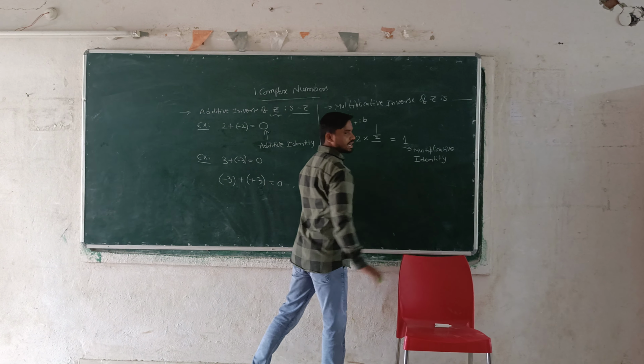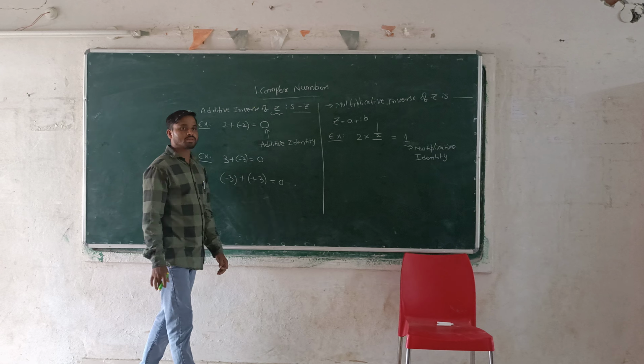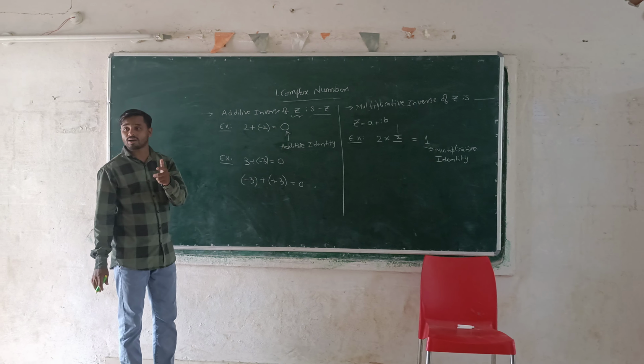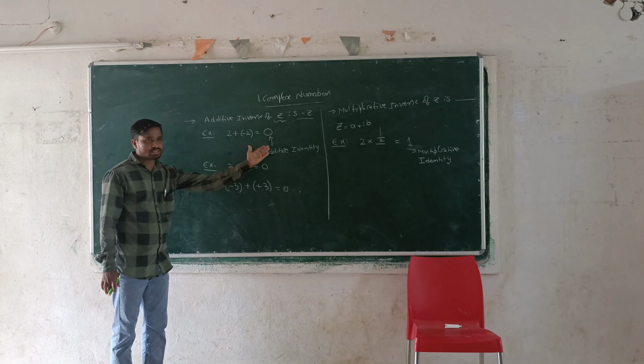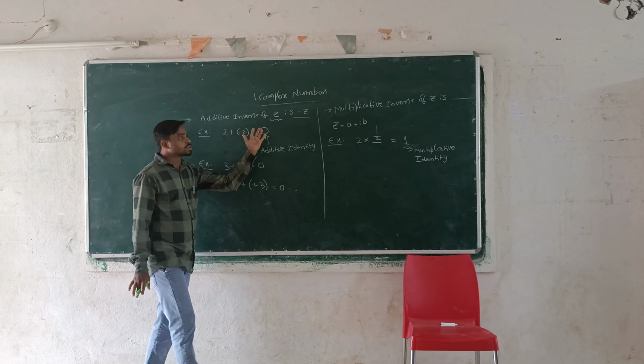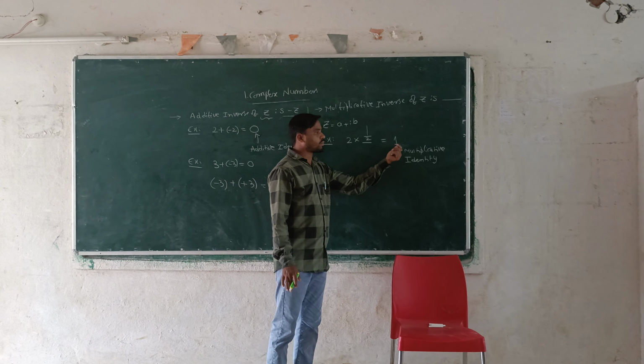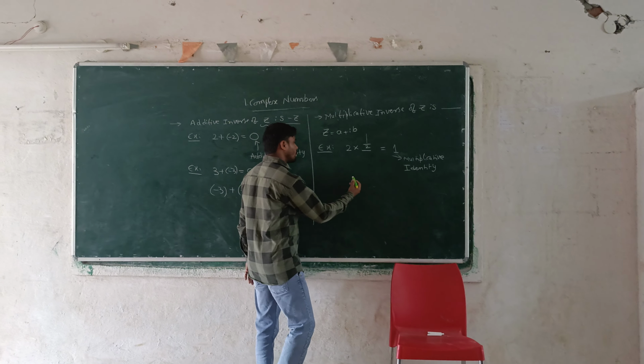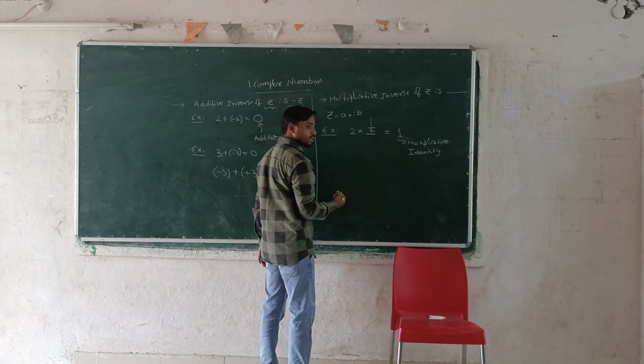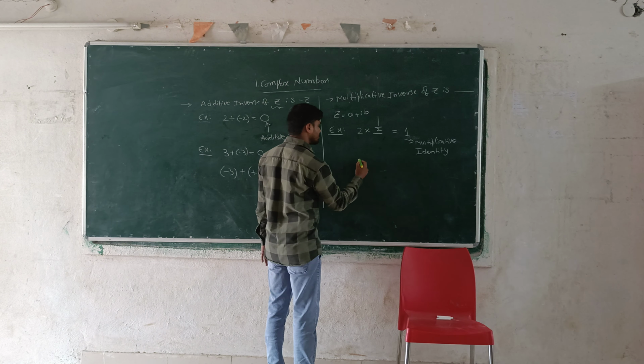Okay? What is the additive identity? 0. Yes or no? Keep in mind, the multiplicative identity is 1. Now tell me, what is the multiplicative inverse of 3?